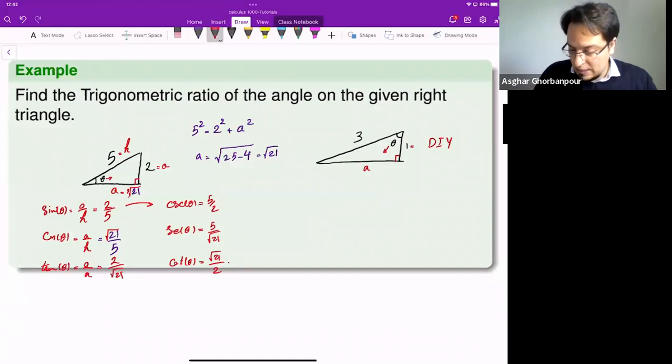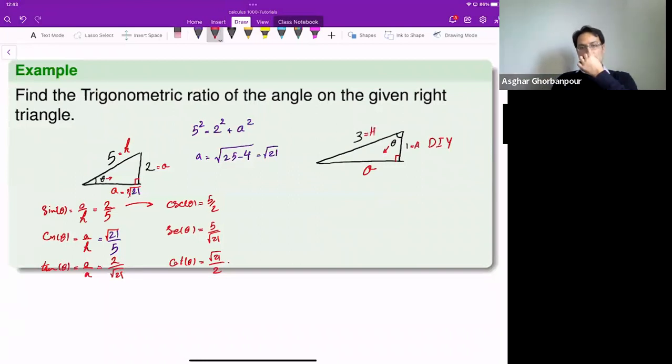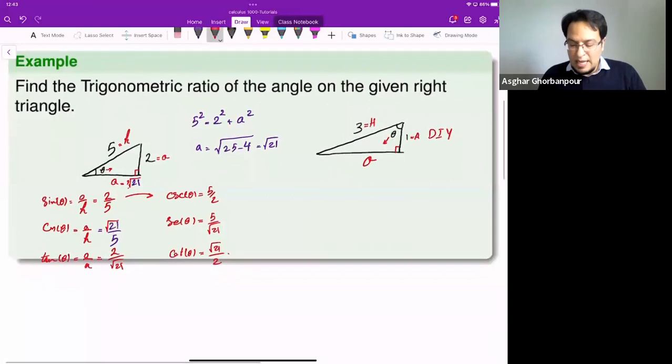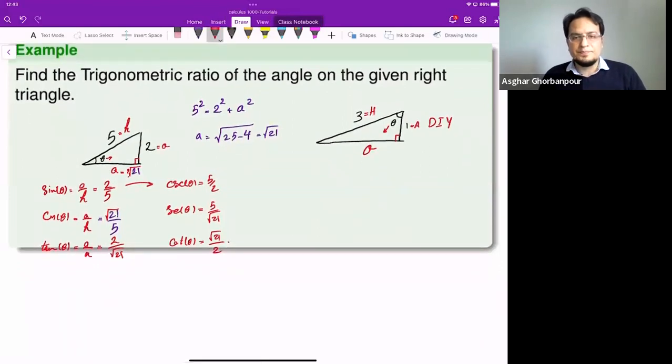Here, sorry, I said opposite, I wrote A. This is opposite. Adjacent is this guy, and this is the hypotenuse. So you can find all trig ratios for this theta, for which we don't know the value itself, but we can find the ratios. Any questions, any comments here?